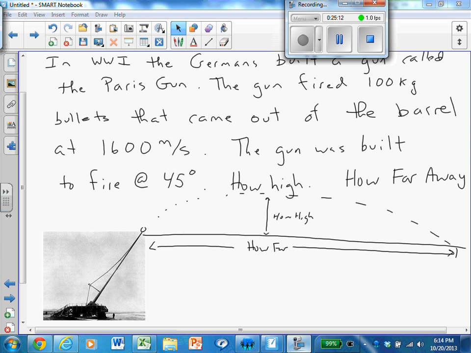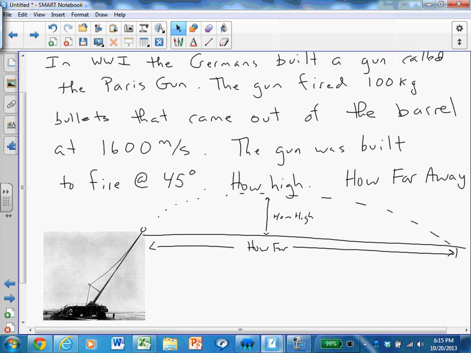We know that they leave with an initial speed of 1600 meters per second, and that is at an angle of 45 degrees.